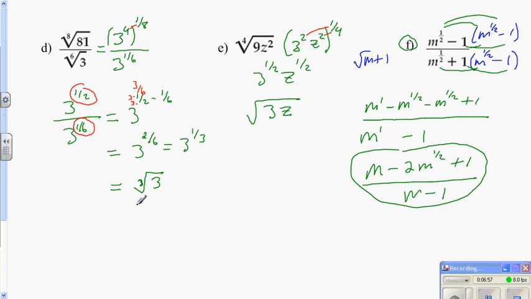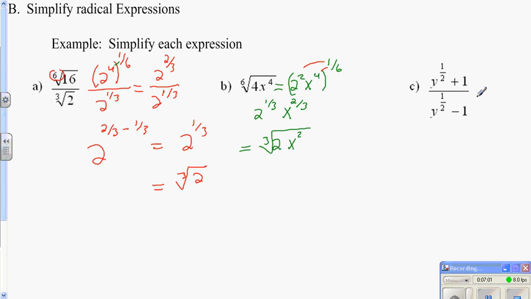All right. Now let's go back to the last question that I skipped. Multiply by its conjugate. That'd be y to the 1/2 plus 1. The bottom, again, we're only going to do the first times the first, which will give us y to the 1. Last times last, which gives us -1.